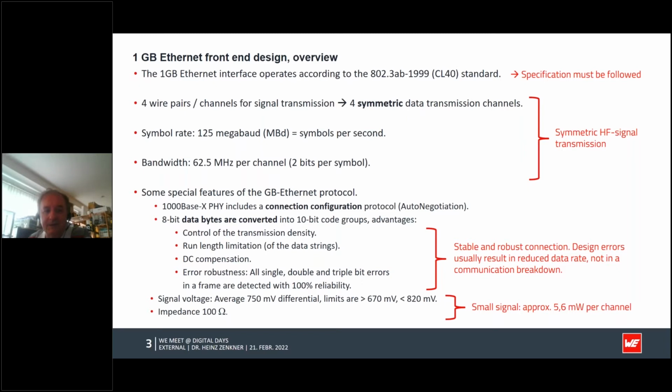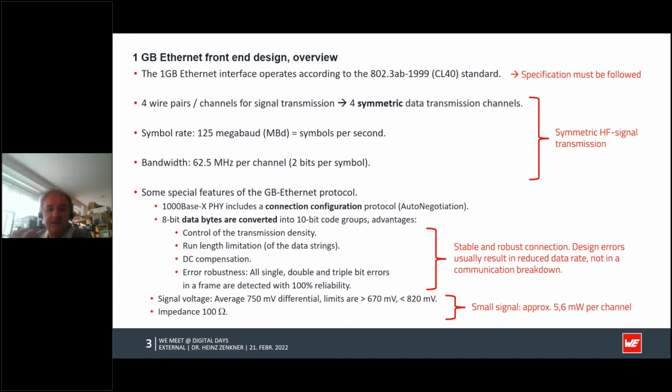So there is something like a control of the transmission density, the run length limitation of the data strings, and the DC compensation so that the transformers don't go too much into saturation. We will talk about this very soon.